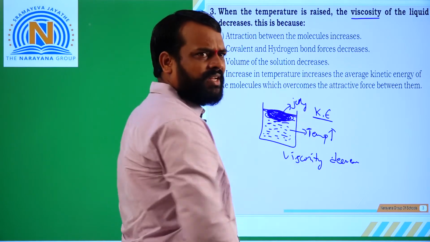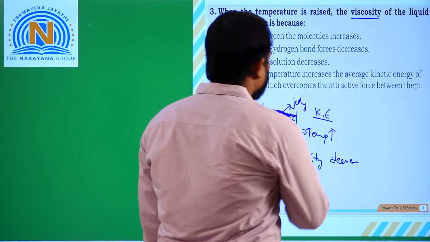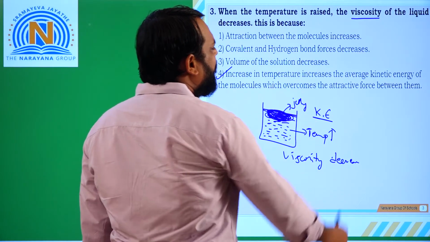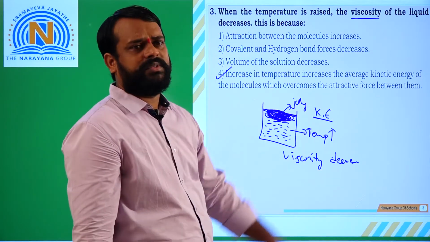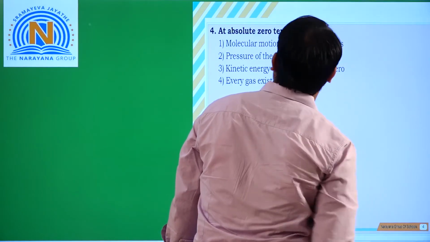So automatically the viscosity decreases. So the option is the fourth option: an increase in temperature increases the average kinetic energy of the molecules, which overcomes the attraction force between them. So this is the correct answer. Next we'll move to the next question.